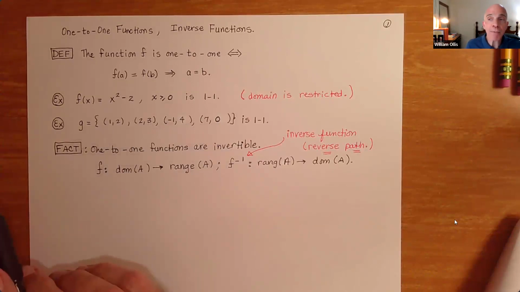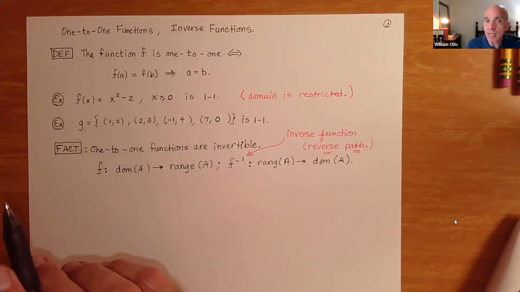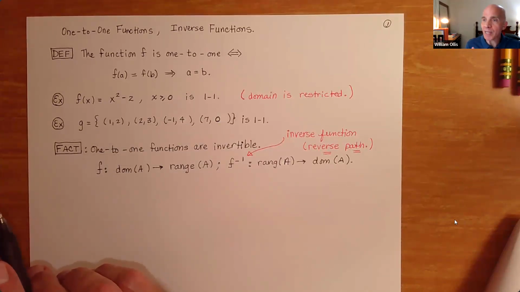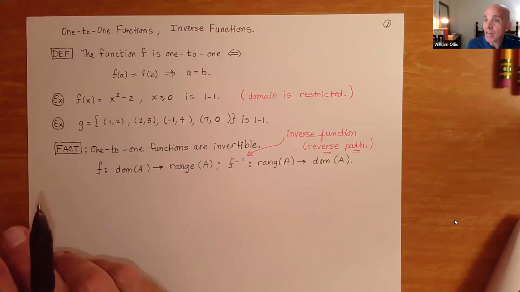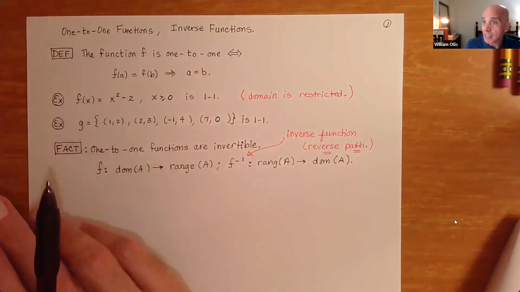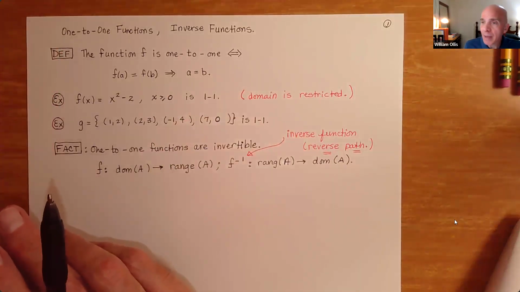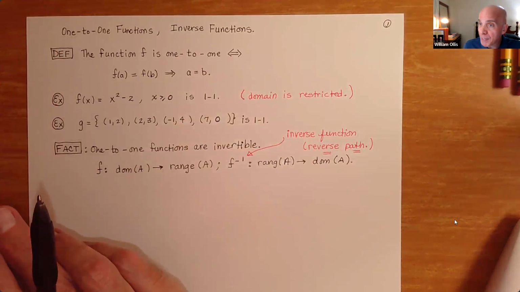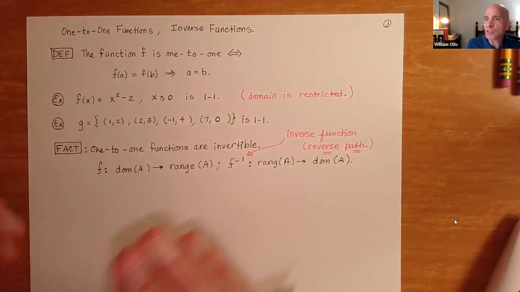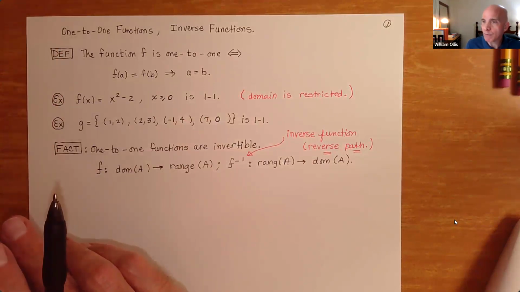So an example of a one-to-one function that you have studied previously would be an increasing function. That is, the outputs become larger and larger as you put in different inputs, but they never repeat. That's an excellent example of a one-to-one function.